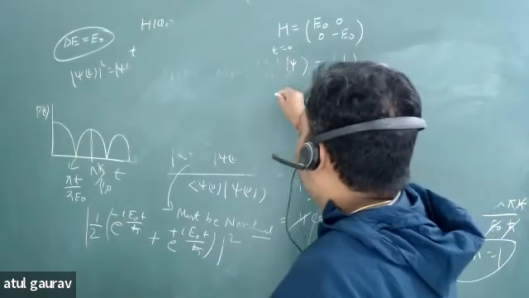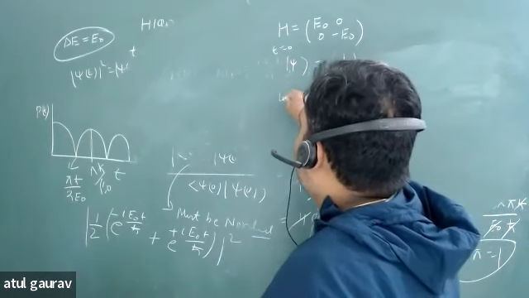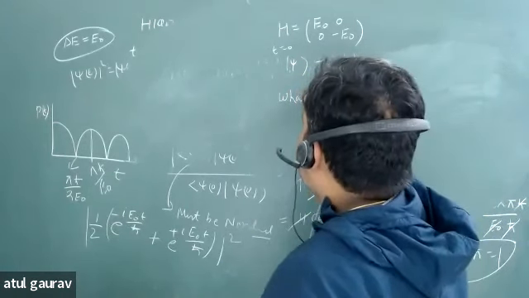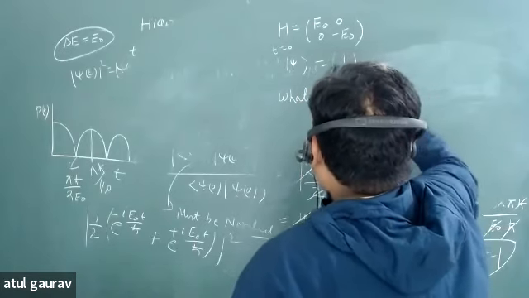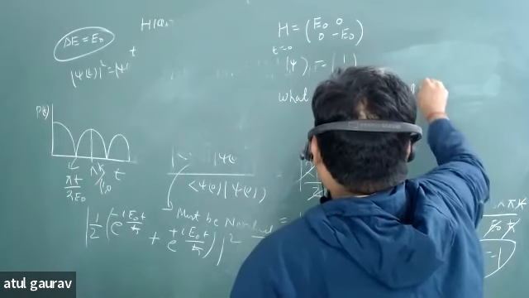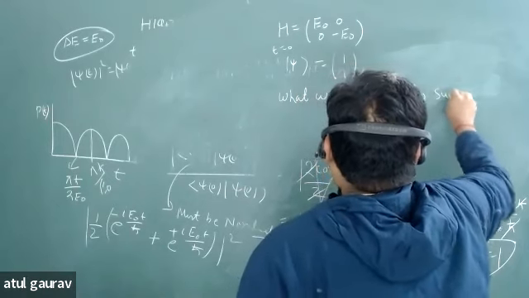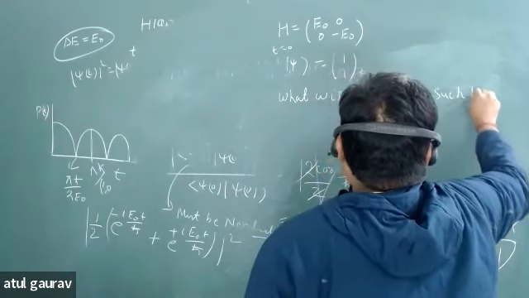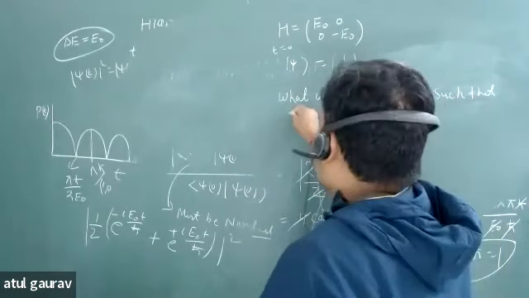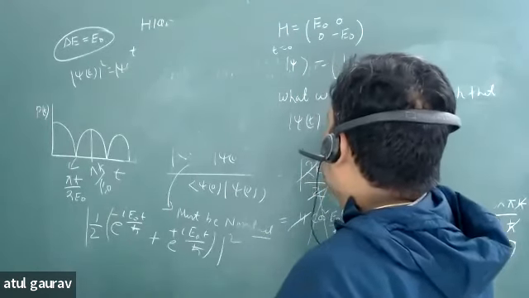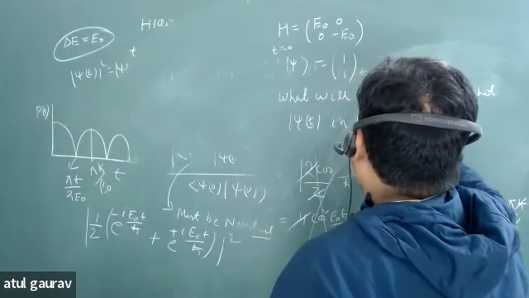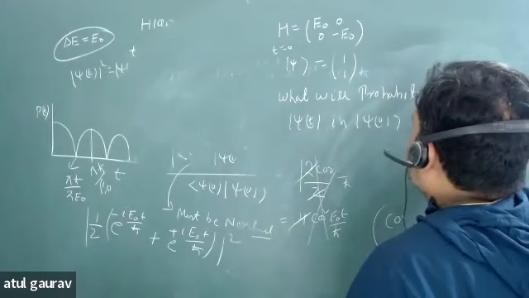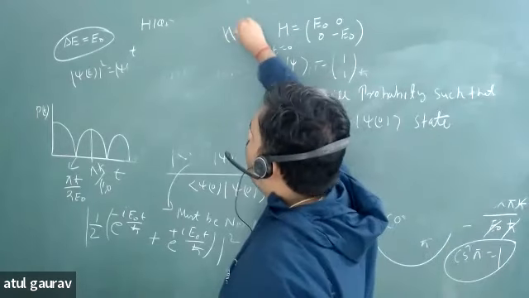You have to calculate what will be the probability such that ψ(t) is in the ψ(0) state. Okay, so this is your homework.